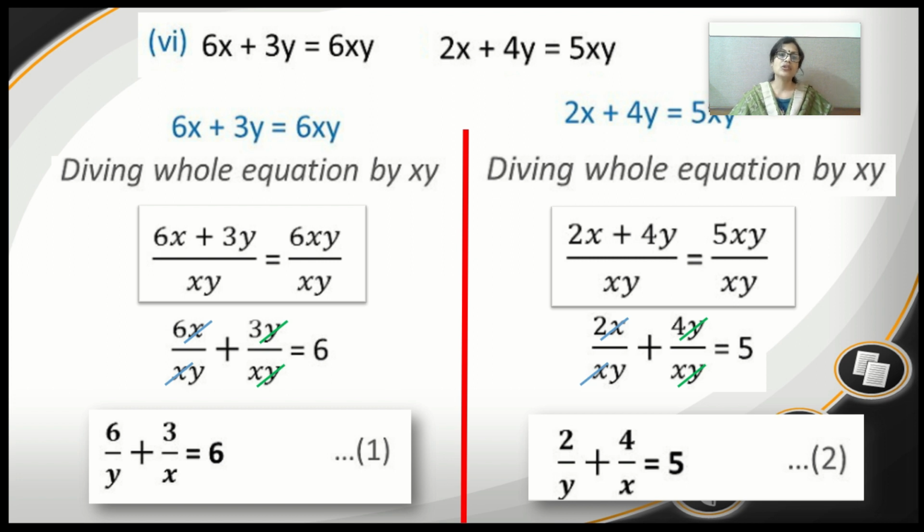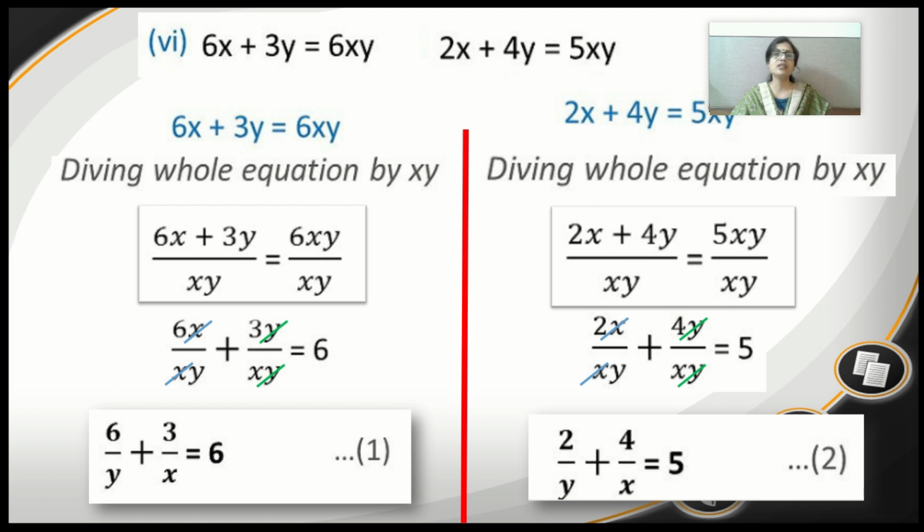So look at this, children, what was given to us and what we have converted that equation into. So these are our two equations which are still not in the standard form of a pair of linear equations in two variables. These are not linear equations.